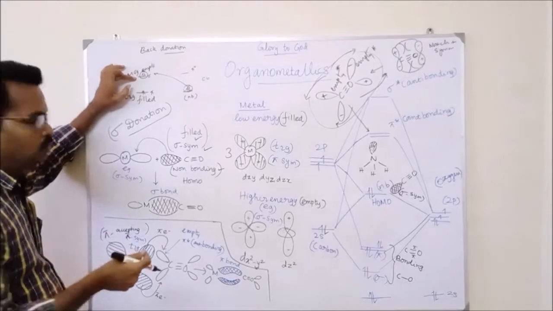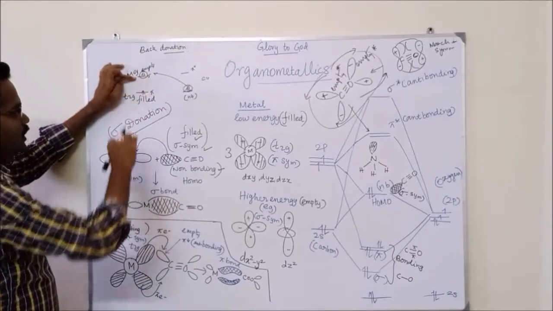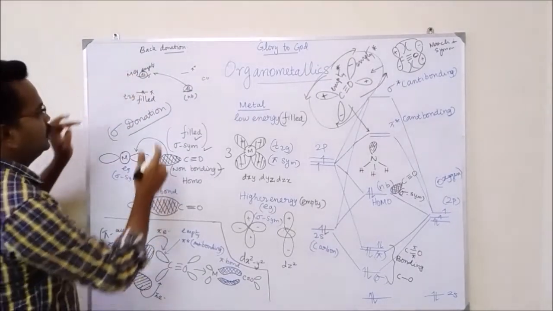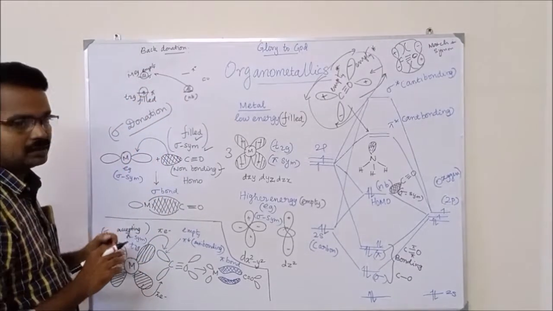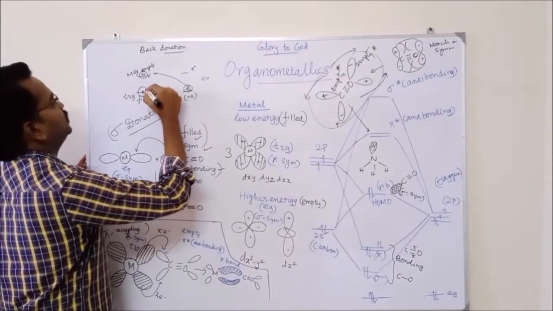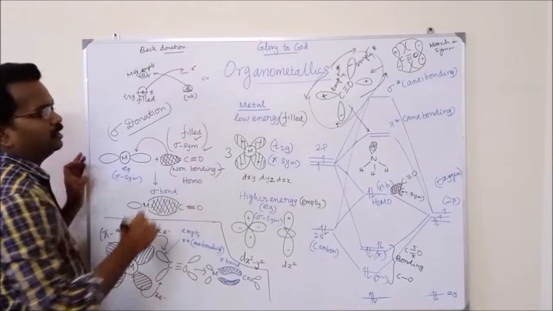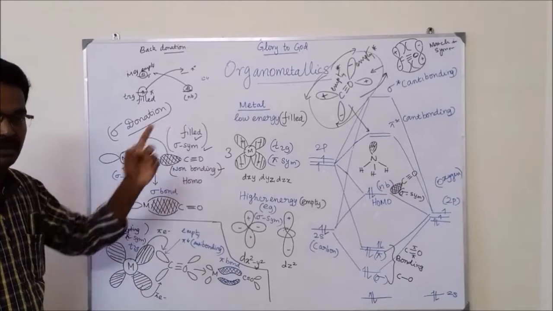But here we already have two more electrons, and these will be shifted to the antibonding pi orbitals of the carbonyl.